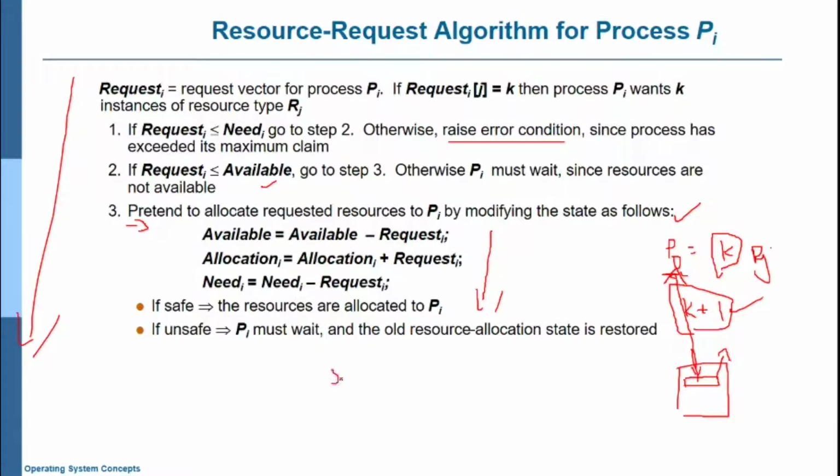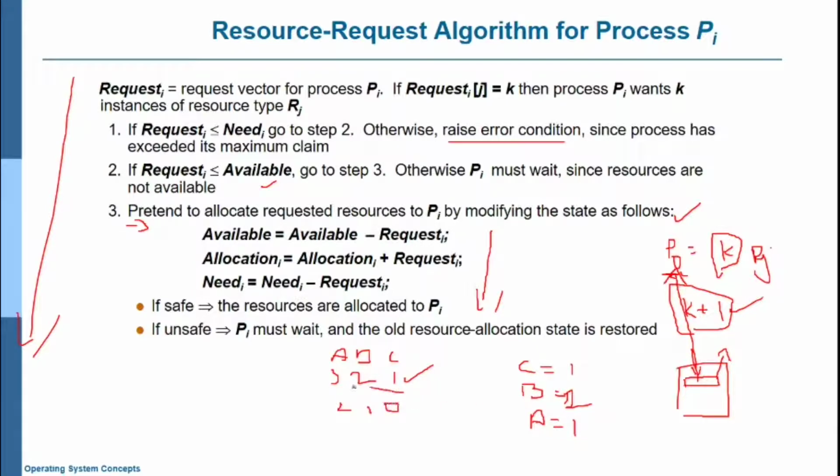Something like 3, 2, 1 is available. P0 requests 1 instance each of A, B and C; I am calling the resources A, B, C. The system checks whether it can allocate these instances. 3 minus 1 is 2, 2 minus 1 is 1, and 1 minus 1 is 0.